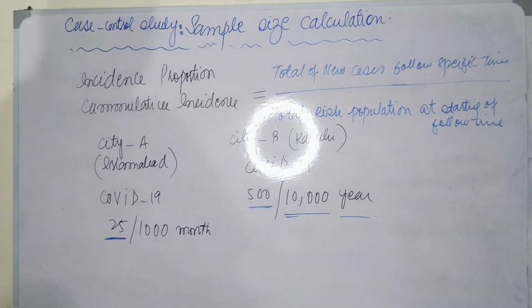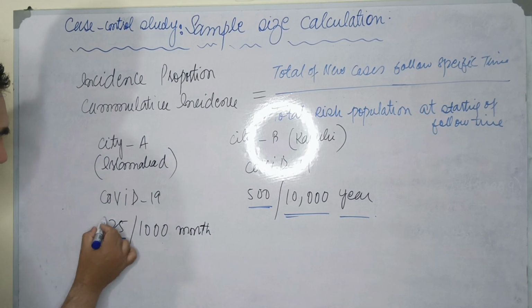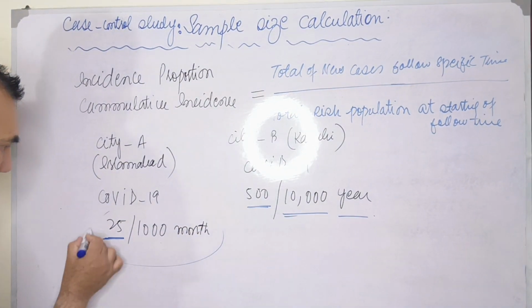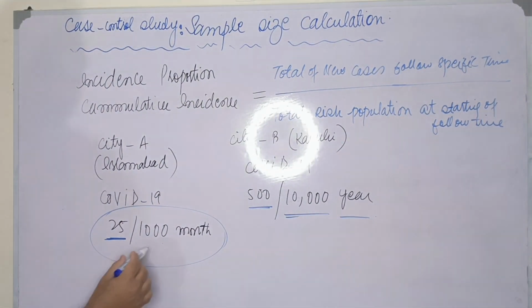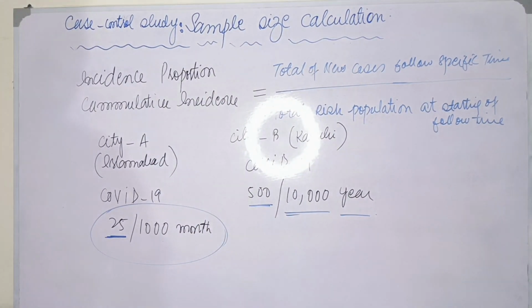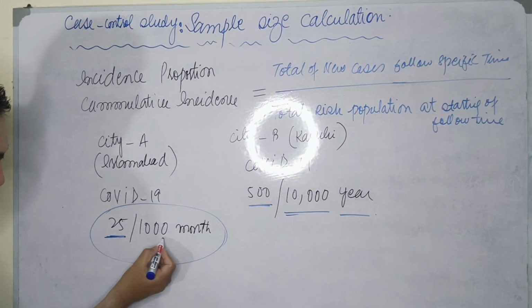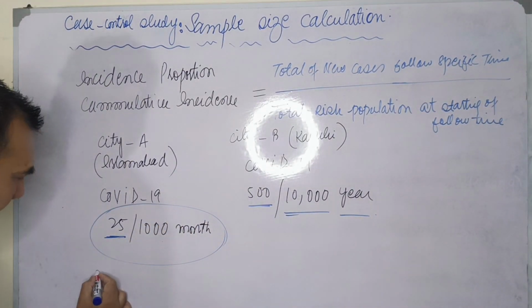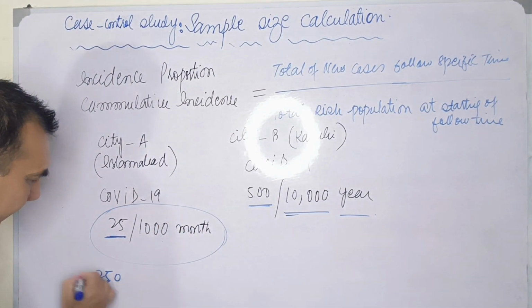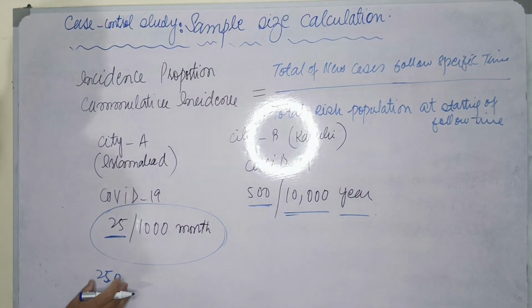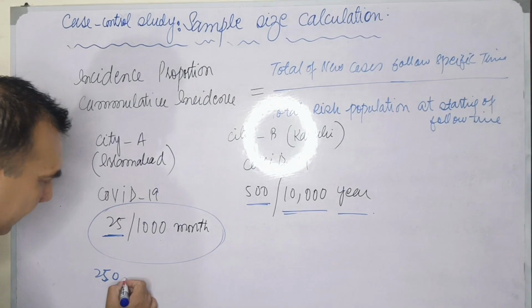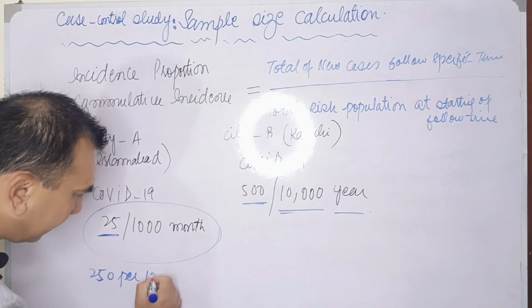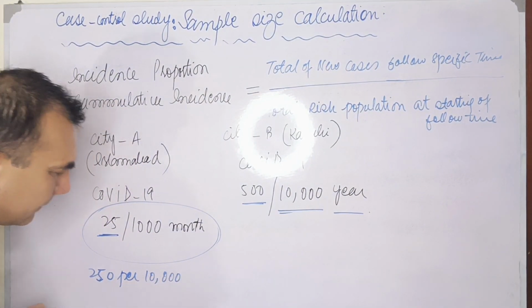So for the comparison, definitely you have to convert this per month data into a year. So 25 in the 1000, when you look at it in the 10,000, becomes 250 incidence cases of COVID-19 per 10,000.